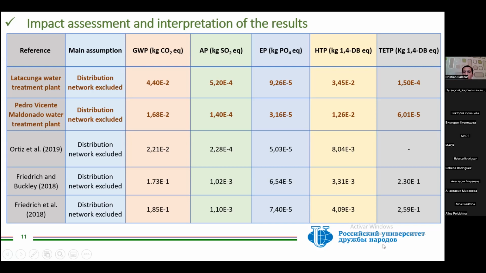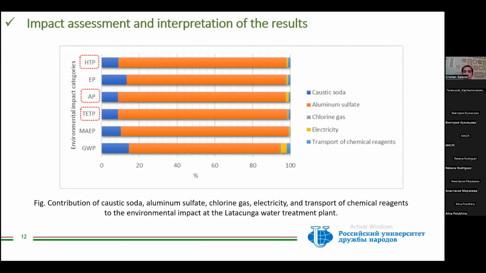The difference between the results and literature values may be related to different operations in the drinking water treatment plants included in the traditional process, certain geographical conditions of the place, and changes in the configuration of the water treatment plants. Each process contributes to different impact categories.